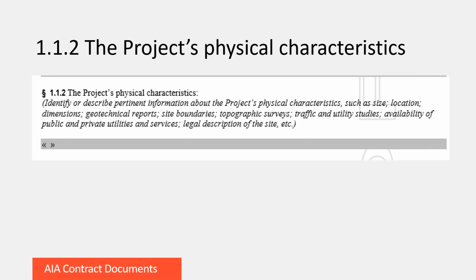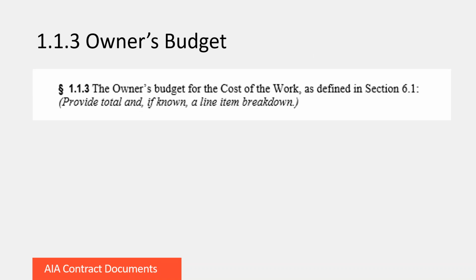In 1.1.2, the project's physical characteristics are listed. It could be something as simple as the property legal description. However, if you want a more detailed explanation, you can attach a survey, geotech reports, or other reports as an exhibit. The owner's budget is also very important.